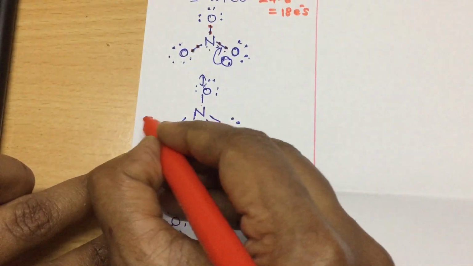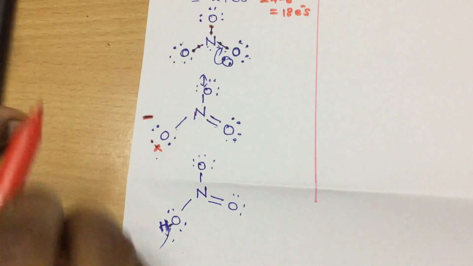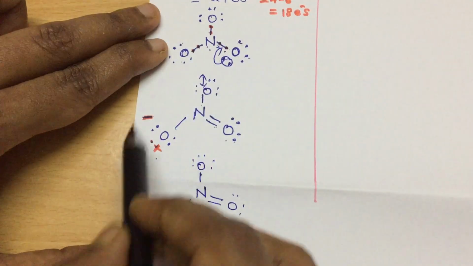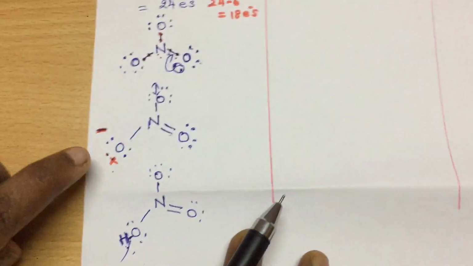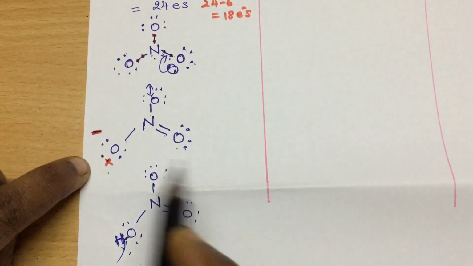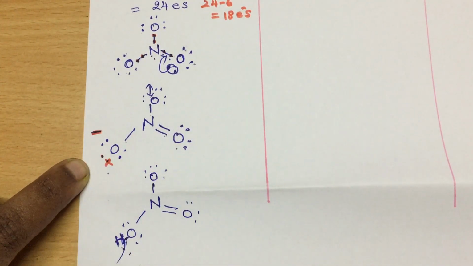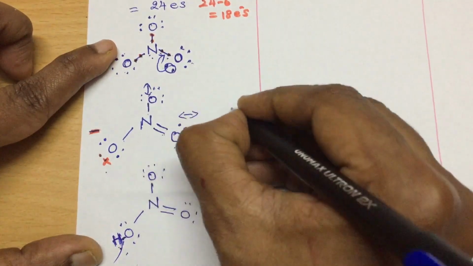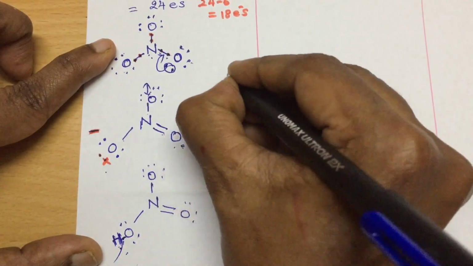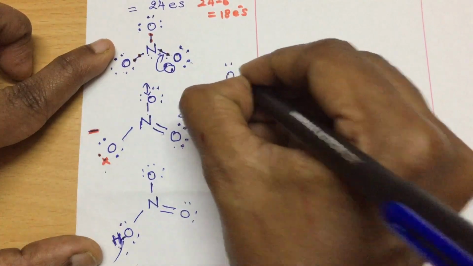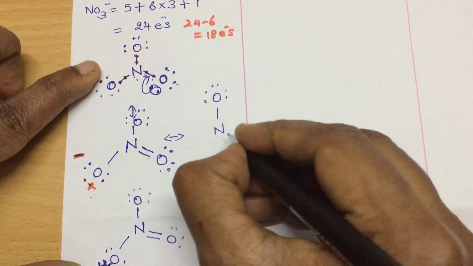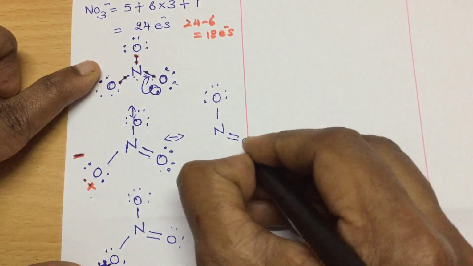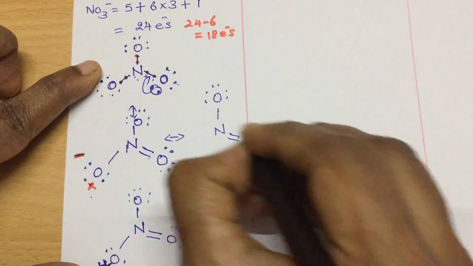So it has to get the minus charge, but actually this molecule is in resonance. This charge is equally distributed over the whole molecule. So how can we write the structure? So N, this is oxygen surrounded by 8 electrons, and this is double bond O, 2 electrons.